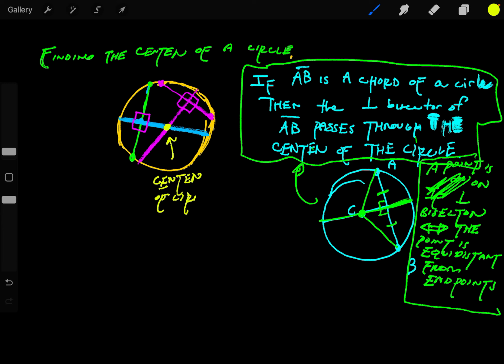So let's just recap everything that we've done and convince ourselves again. First, I want to prove this statement. This is the key statement. This is what enables us to actually find the center of a circle.